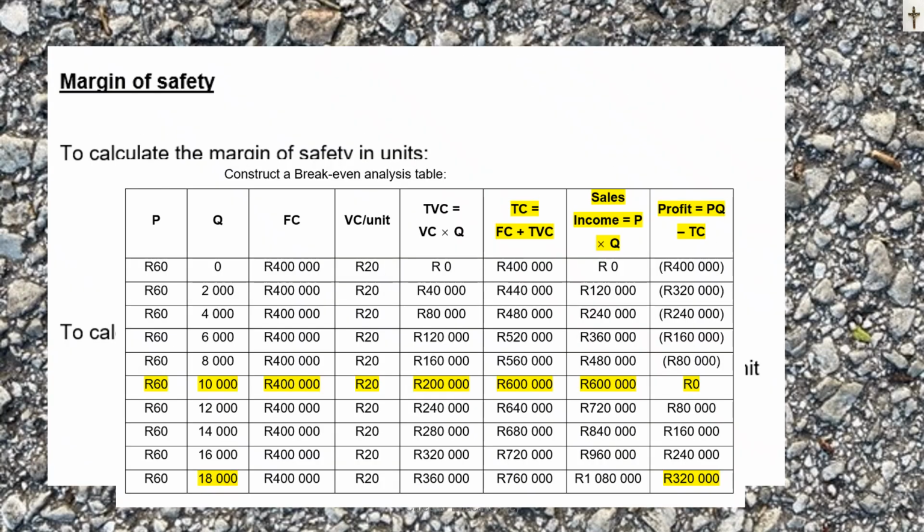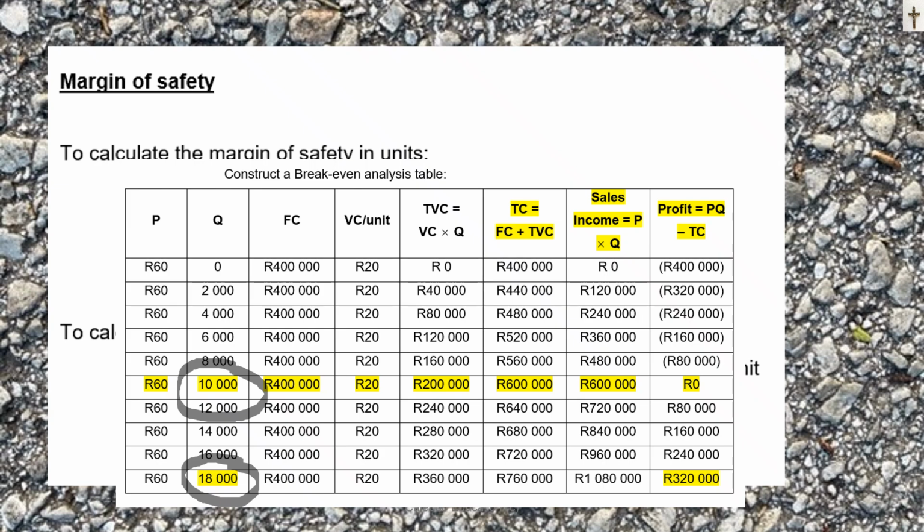The margin of safety, the units which measure the margin of safety, is calculated by taking the total amount of units and subtracting the number of units at the break-even point.